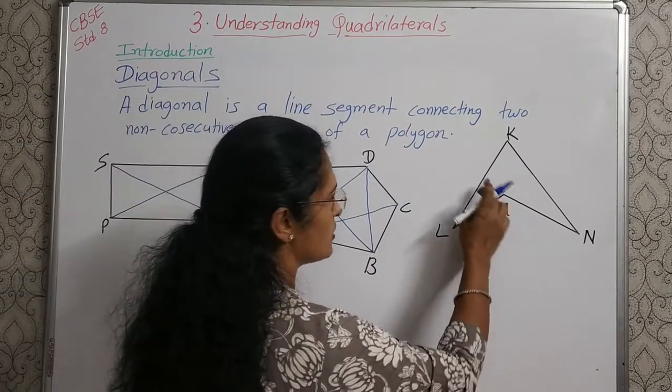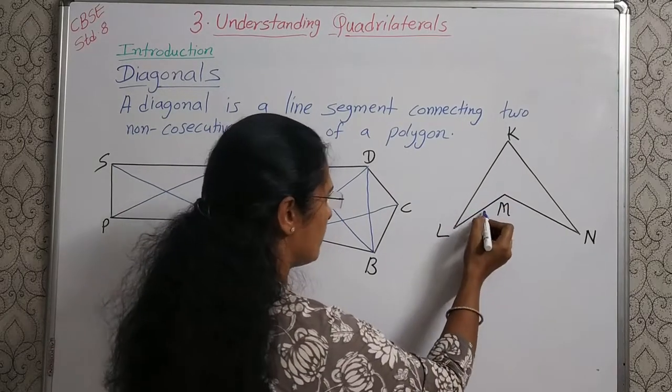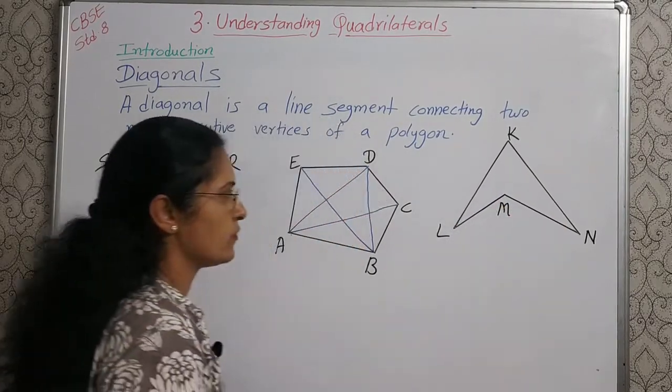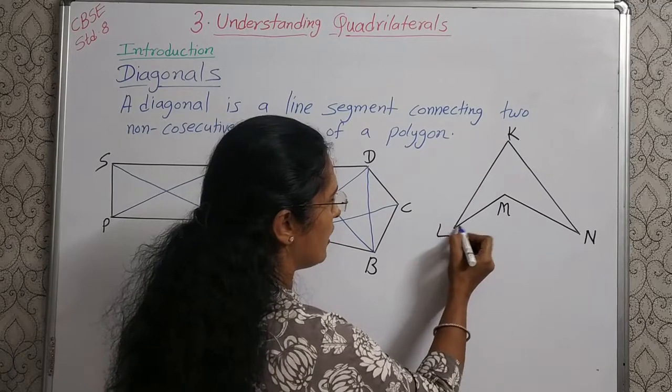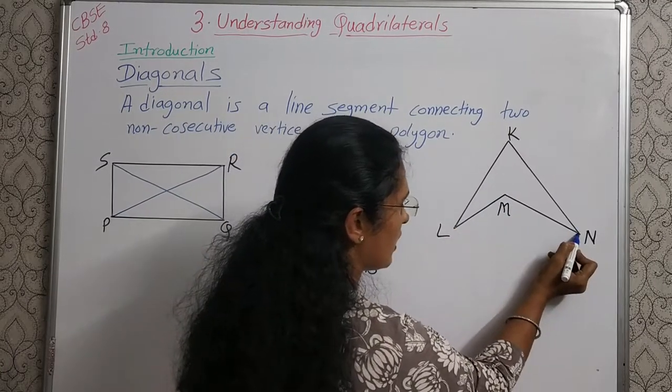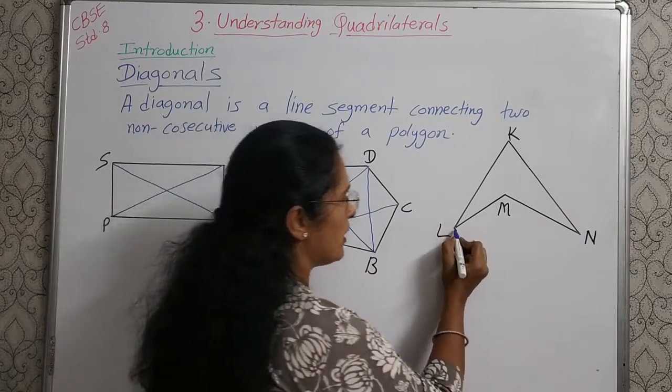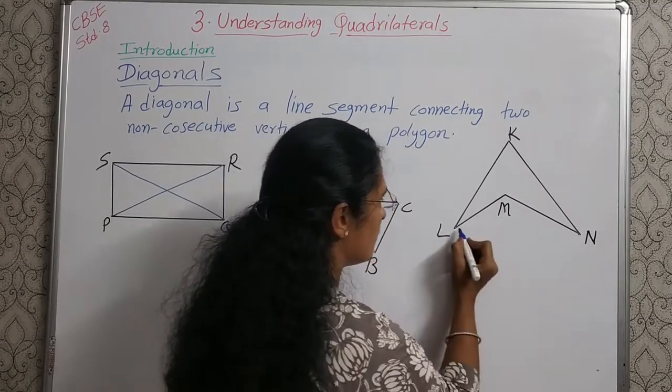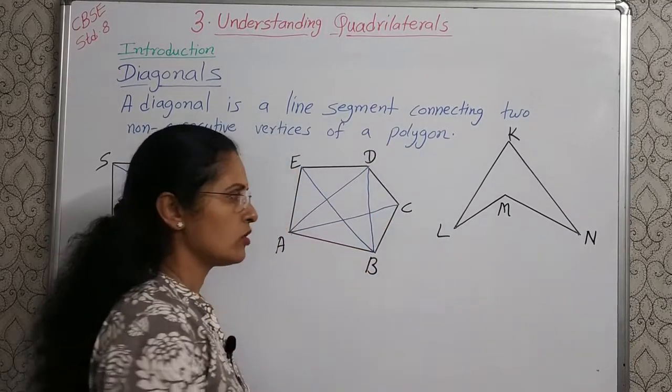Now see here, this is also a polygon which has 4 sides. Here L and M are consecutive vertices, M and N are also consecutive, but L and N are non-consecutive.